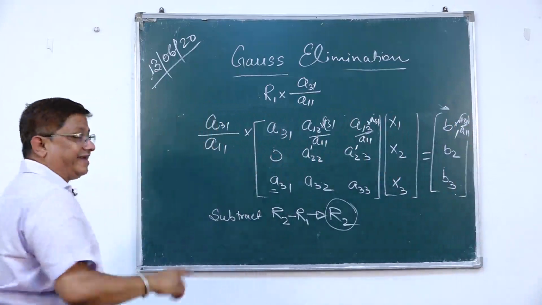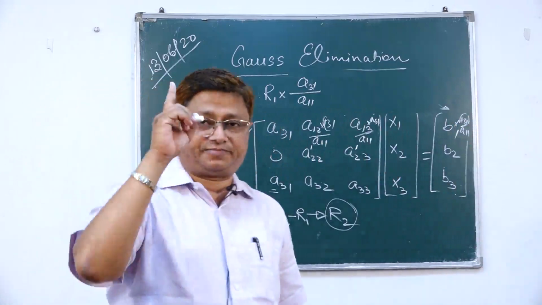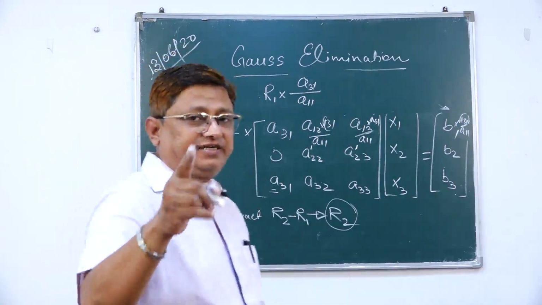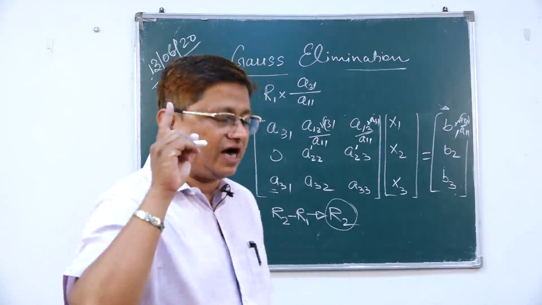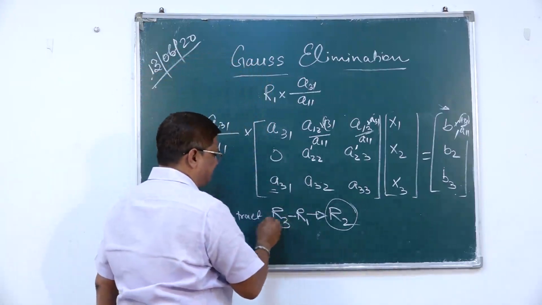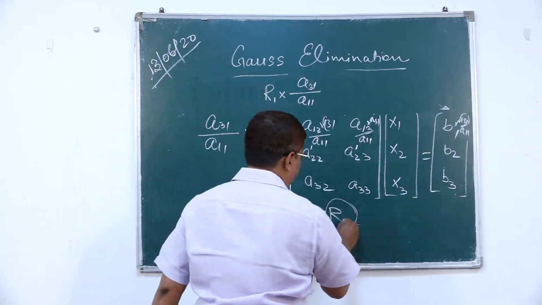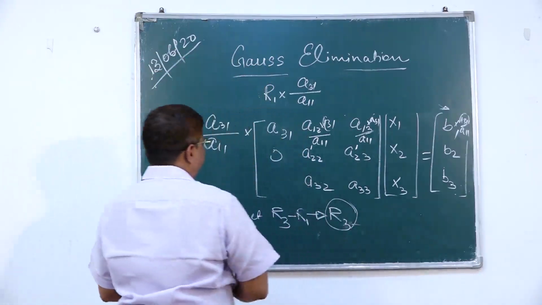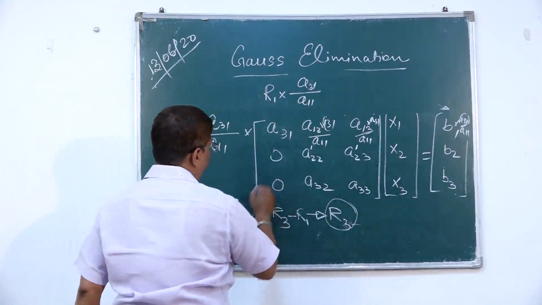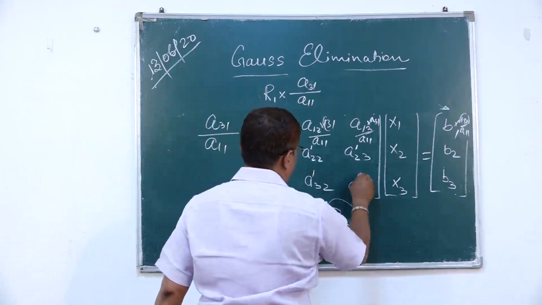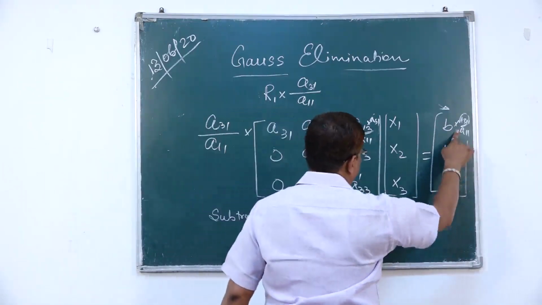Then subtract R3 minus R1, and the affected row is nothing but R3. Then we get the second 0, and the changed values will be represented with a dash.